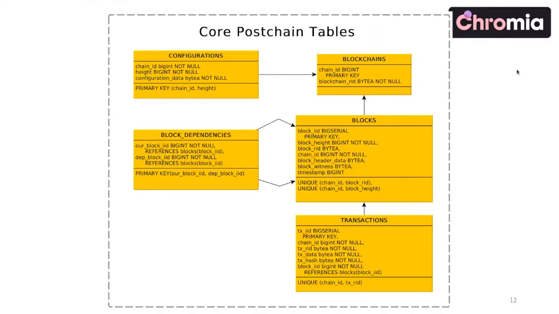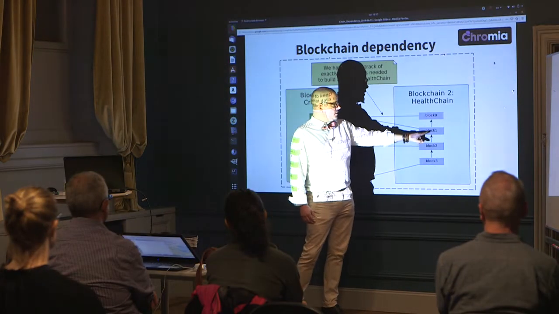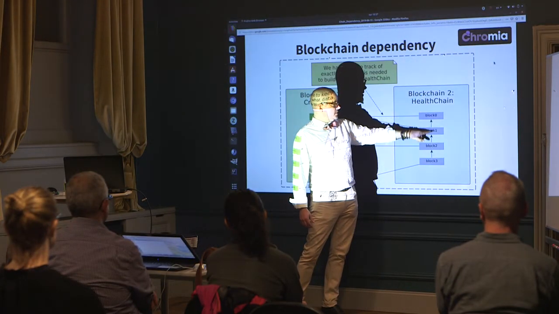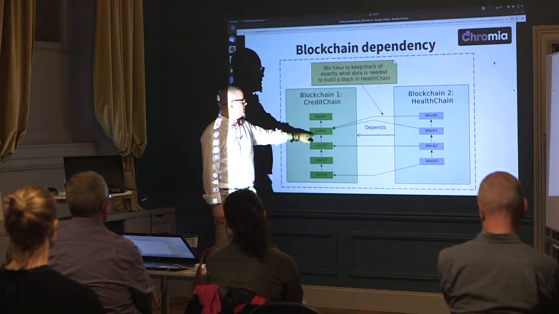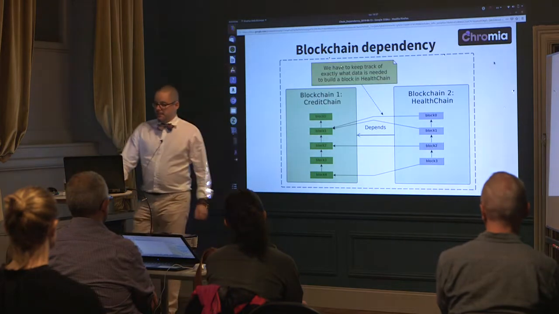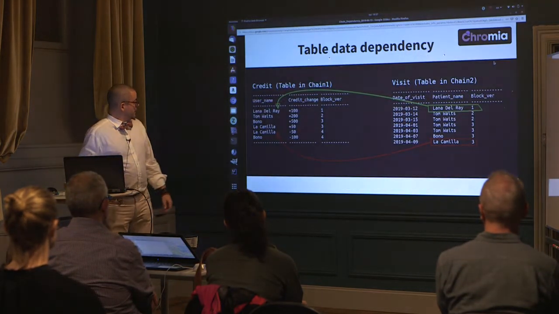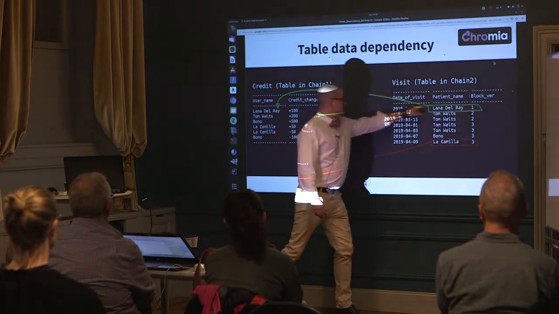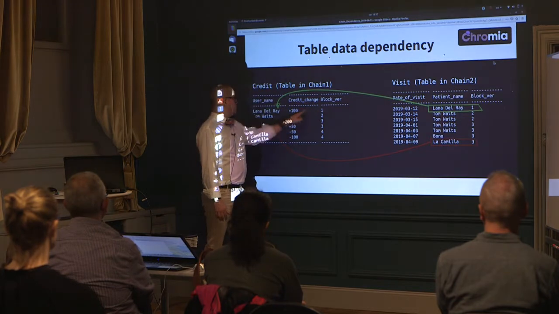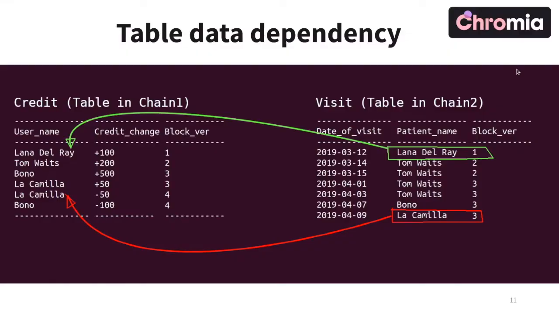Yes. And the way to check this is to see that block 1 of this chain is referring to height 1 on this chain, and at height 1 the only thing that has happened here is that Lana Del Rey gets positive credit.